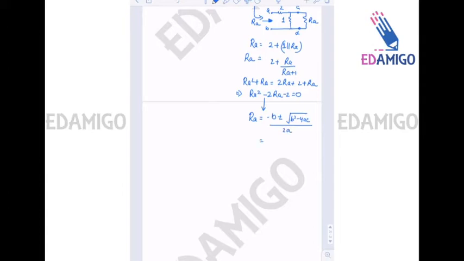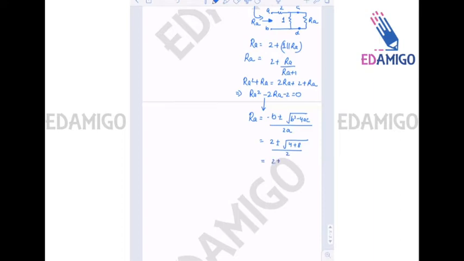So that is 2 plus minus under root B square, which is 4, minus 4AC, where A is 1, C is minus 2, so it is plus 8, divided by 2.